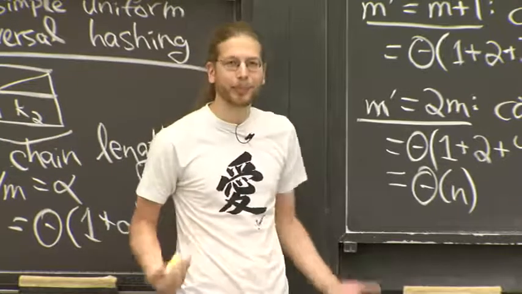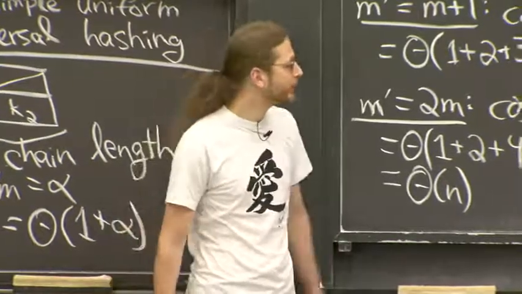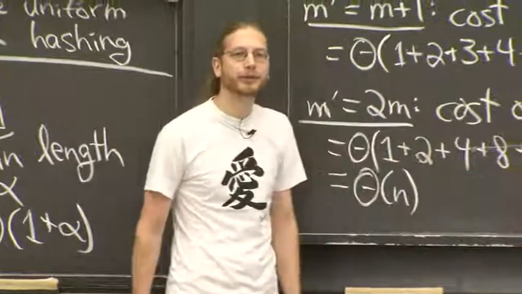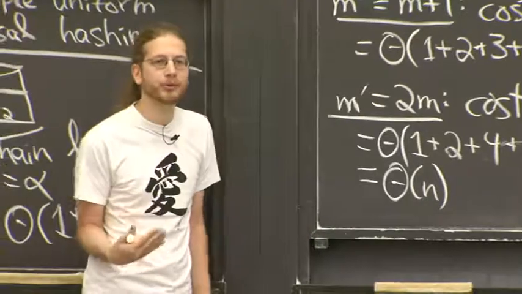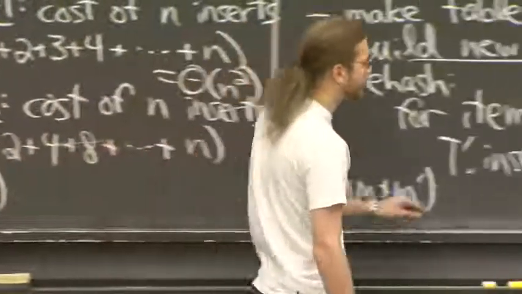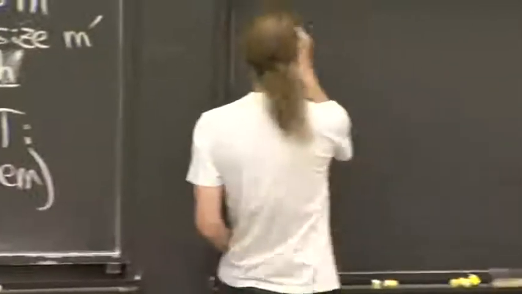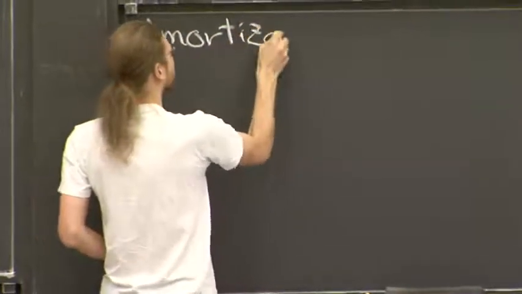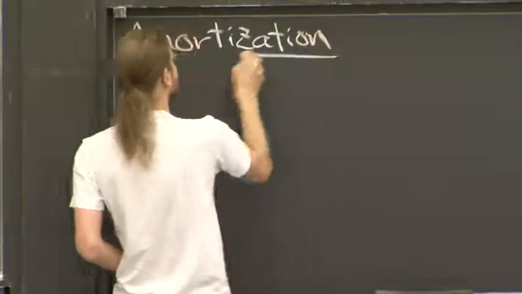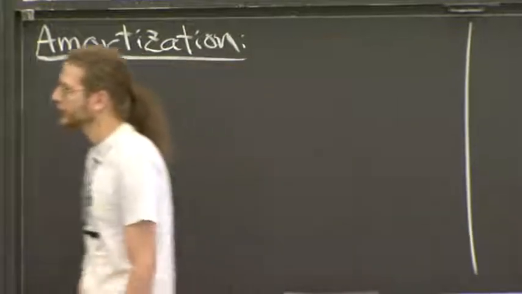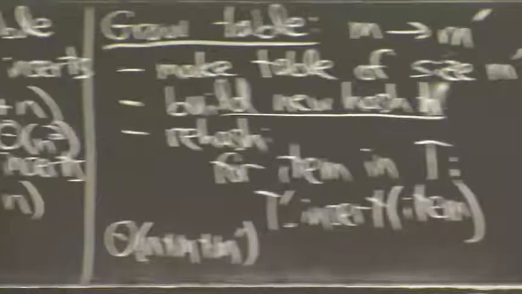You might say that's bad. But the comforting thing is that there are only a few operations, log n of them, that are really expensive. The rest are all constant time. You don't do anything. You just add into the table. So this is an idea we call amortization. Maybe I should write here, we call this table doubling.